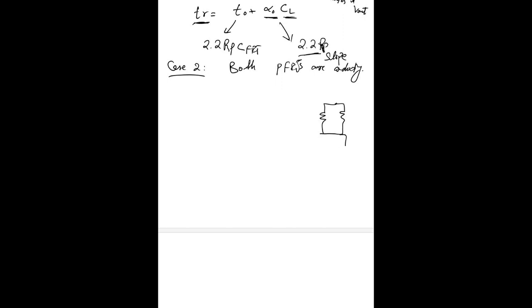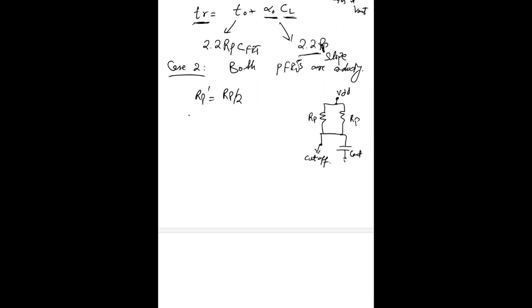We have the output capacitance here, and the NMOS is cut off. This is our Cout, we have RP, and we have another RP here, connected to the VDD node. If we have parallel transistors, the effective RP will be RP by 2, like it will be divided in half.